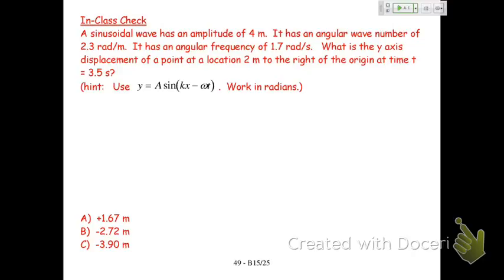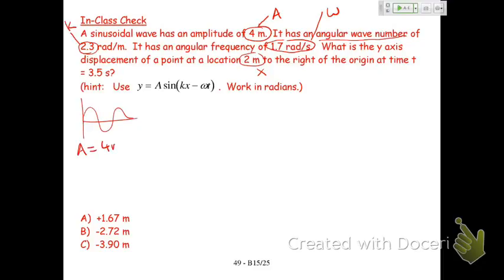Now I give you the amplitude A and the angular wave number k. I give you the angular frequency, omega, the displacement x, and the time t. So A is equal to 4 meters.